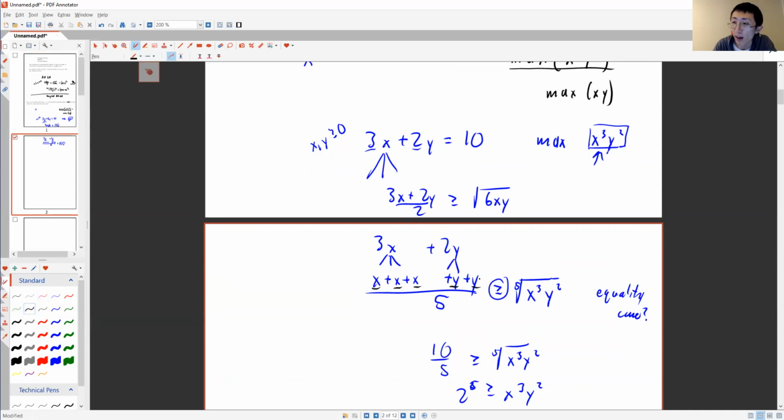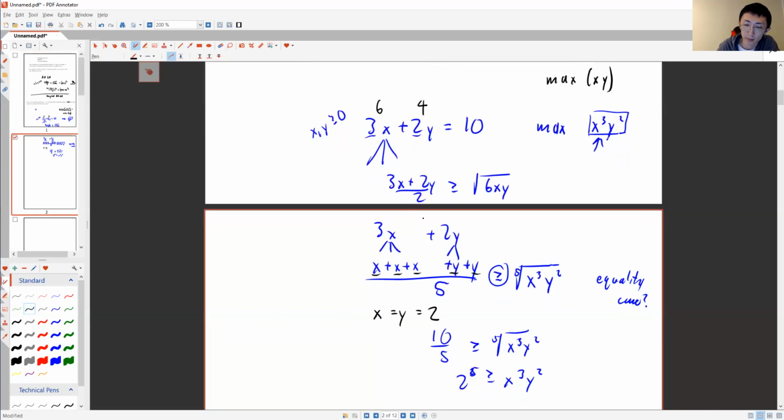When we apply 5-variable AM-GM, we need x equals x equals x equals y equals y. So that would be when 3x is 6 and 2y is 4. When they're all equal, 3x plus 2y is 10, so each of the variables is 2. So yes, equality can be achieved. We just let both variables be 2.